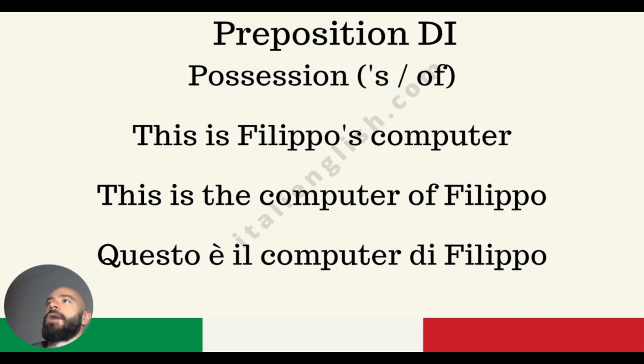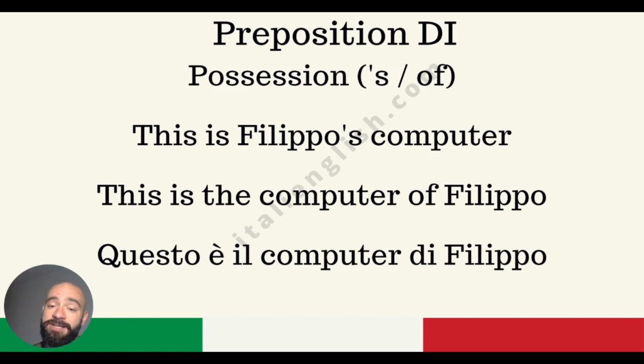Because I wanted to be nice to you and give you this sort of hack. But do not base your knowledge of prepositions on these small hacks. Do not ever think that all prepositions can be summed up with just one straightforward translation.